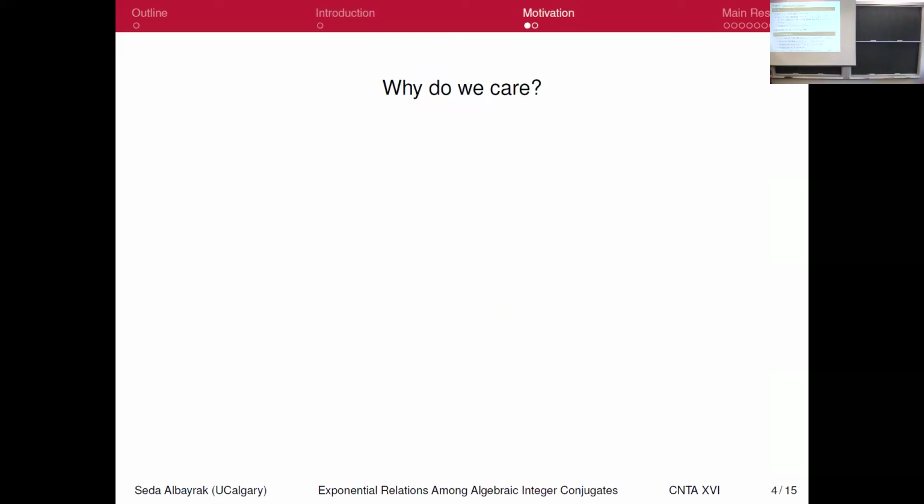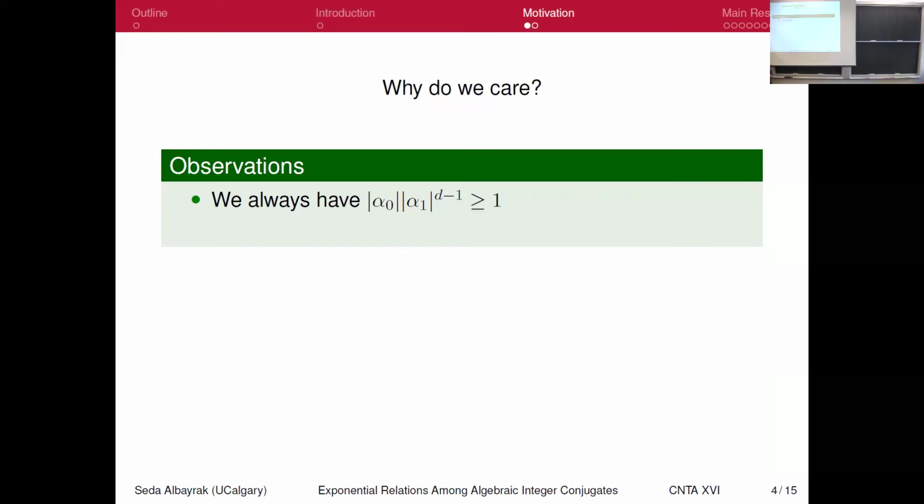So let's go a bit simpler and look at this one. Here I just have k equals 1, so I just have a C1. And the fact is, in this setup, we always have this inequality with d minus 1. This works because of the ordering you have, because the modulus of alpha 1 is greater than or equal to the modulus of alpha 2, and so on.